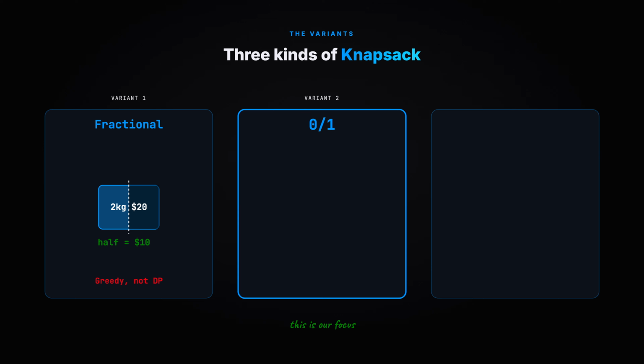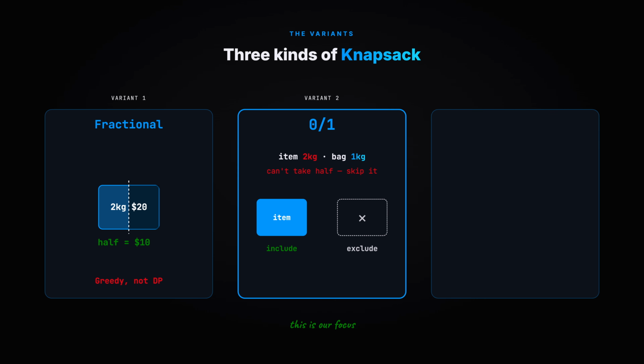Second, the 0-1 knapsack. This is the problem we will focus on. Here, an item is indivisible. You either take the entire item or you do not take it at all. If your bag has only 1 kilogram left but the item weighs 2 kilograms, you cannot take half of it. You either make space or skip it.